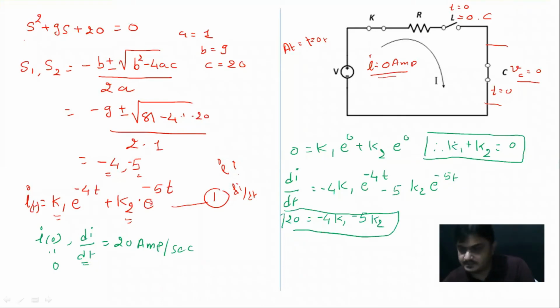First let us multiply the first equation by 4. So you get 4k1 plus 4k2 equal to 0.